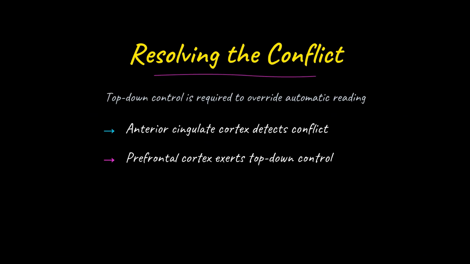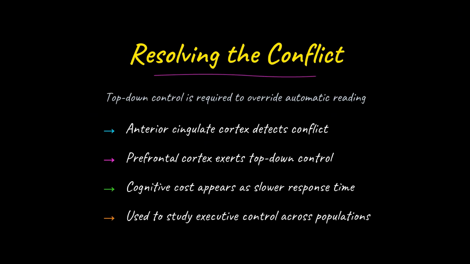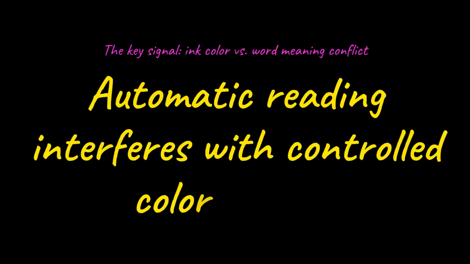The mental effort needed to suppress automatic word reading and select the correct color response is exactly what makes the Stroop task such a powerful tool for measuring executive control. Whenever an exam describes someone slowing down while naming ink color because the printed word names a different color, that's the Stroop effect, a direct window into how automatic processes can override deliberate ones.